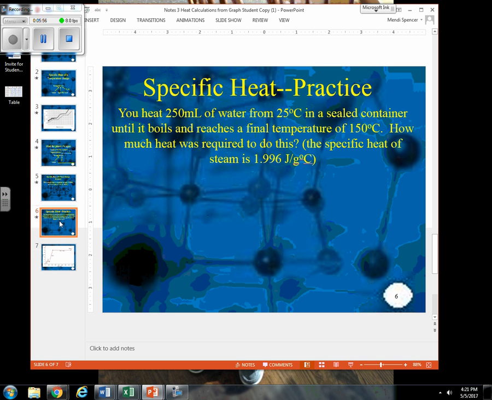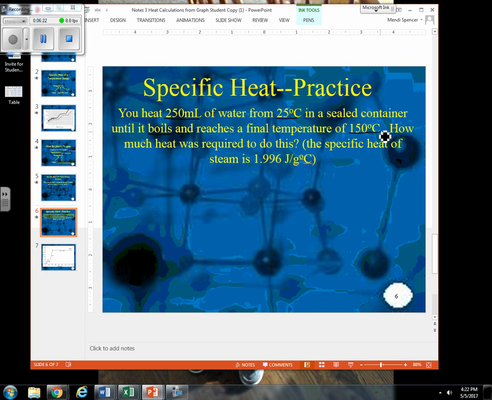If that is the case, you're going to have to do more than one calculation. So let's look at what we're working with here. We have 250 milliliters of liquid water, and it is at 25 degrees Celsius, so right about room temperature. And we are going to boil this water until that water reaches 150 degrees Celsius.